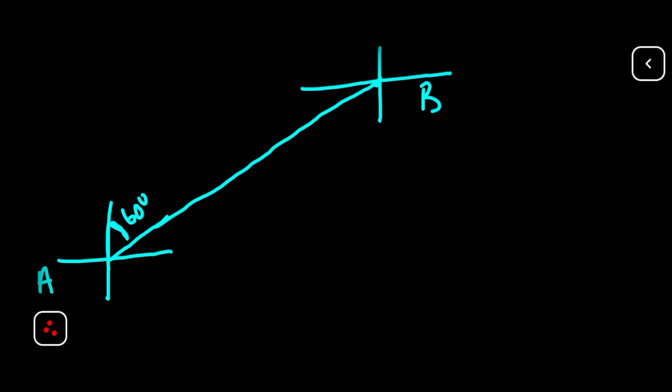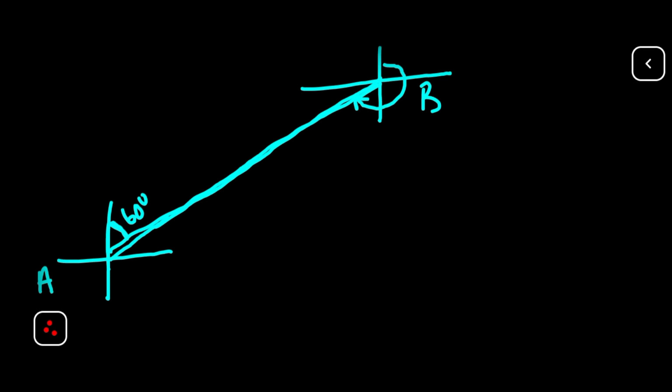To do that, you're going to think like this: what angle will I form from north to this point? If you look at it from north to this point, what angle will I form so that I can get this particular bearing here?